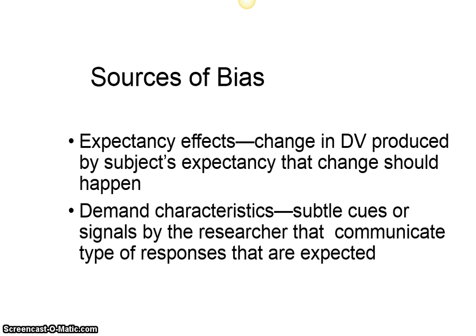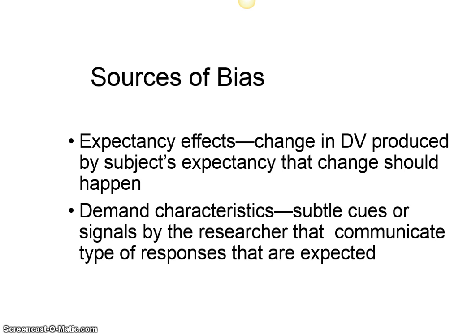Sometimes we might have sources of bias in our experiments, and we need to understand what these are. We can have what we call expectancy effects, and this is where a change in the dependent variable is produced by the subject's expectancy that that change should happen.